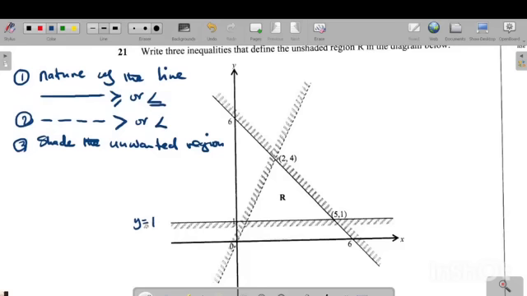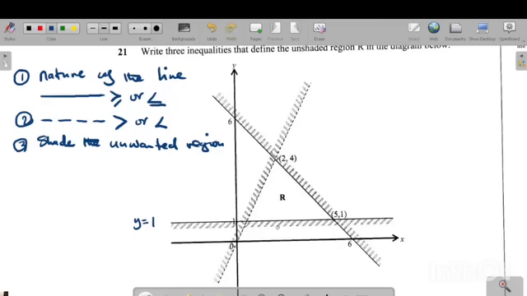The inequality for this equation will be determined based on, number 1, is the line solid or dotted? When you look at this line, this is a solid line. So the inequality for this equation will either have the greater than or equal to, or less than or equal to. Now we have established that this equation will have one of these symbols.